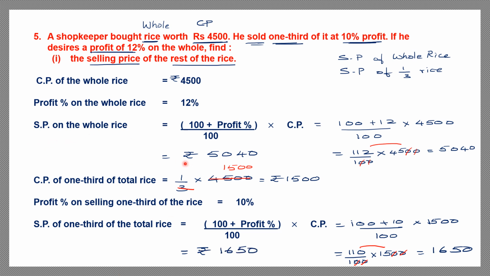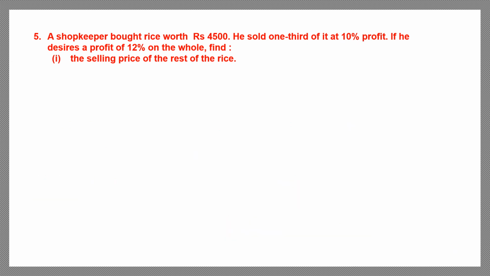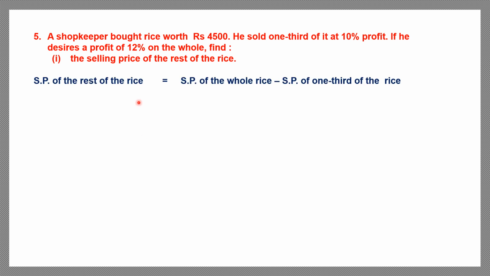So what do we have here? We have the selling price of the whole rice and we have the selling price of one third of the total rice. Now we have to find the selling price of the rest of the rice, and rest means 2/3, isn't it? So we just have to subtract these two amounts and we will get our answer. So let's do that. Selling price of the remaining rice. Here they're saying rest of the rice.